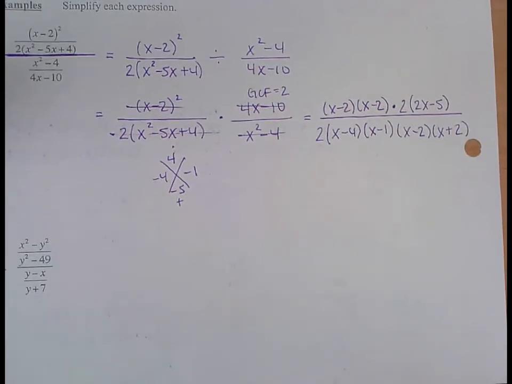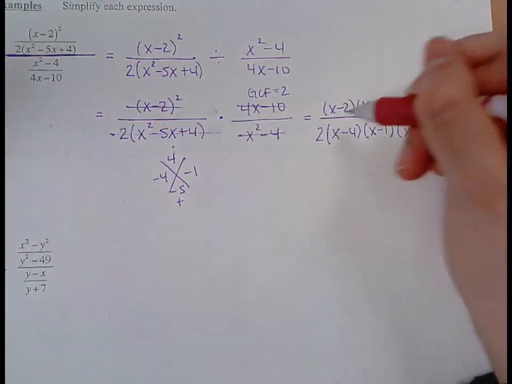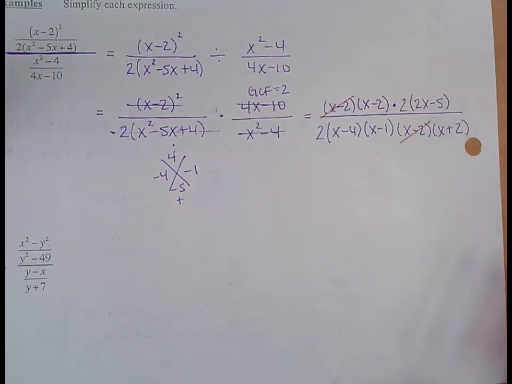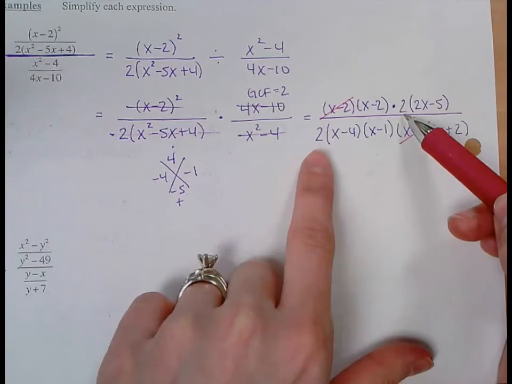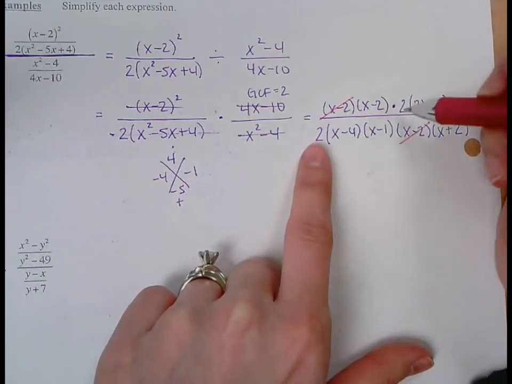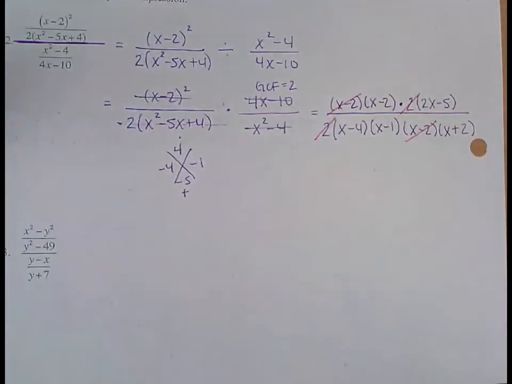Okay, then you look to see what you can cancel. So from the top and the bottom, it looks like I can cancel an x minus 2. And I can cancel the 2 GCFs of 2 that were there. Those would cancel out. Otherwise, everything appears to be different.